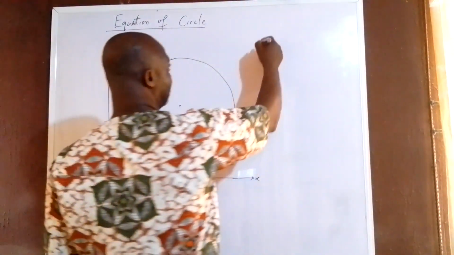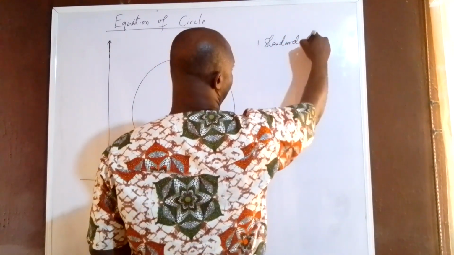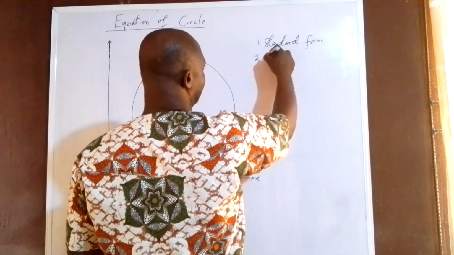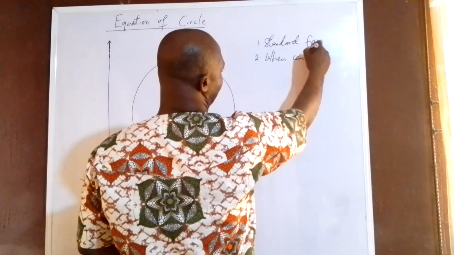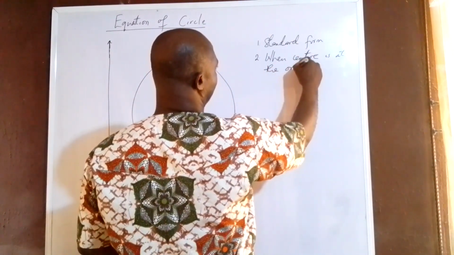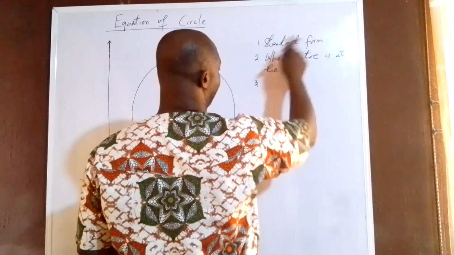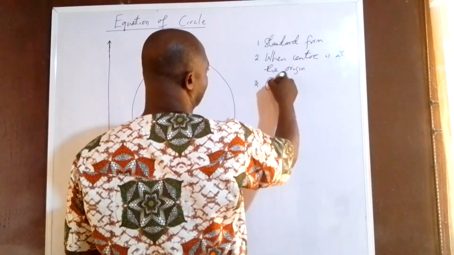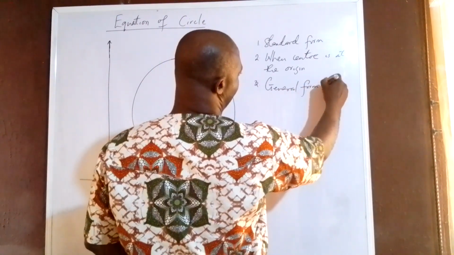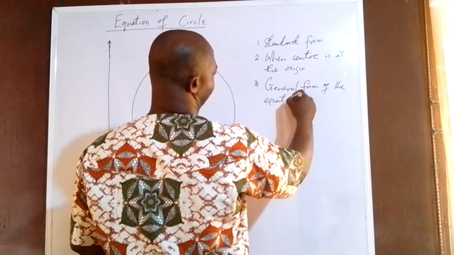So what I'm going to do here today is to derive the equation of a circle in three forms. We have one, the equation of a circle when the center is at the origin, and then we have the standard form of an equation, and then we have also the general form of the equation of a circle.